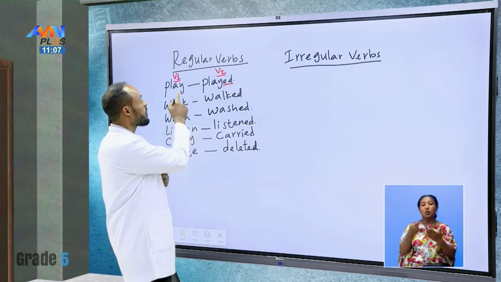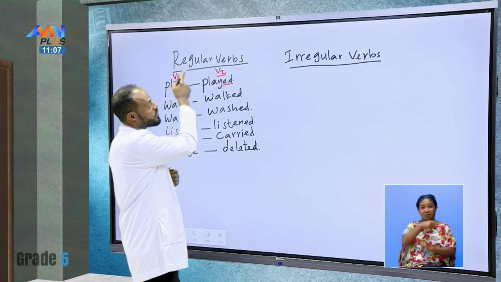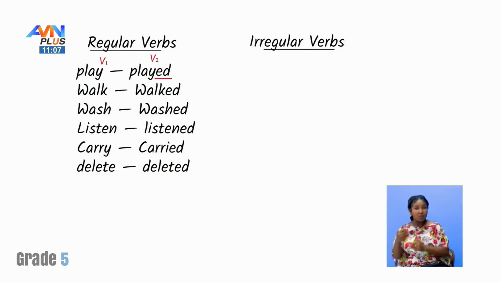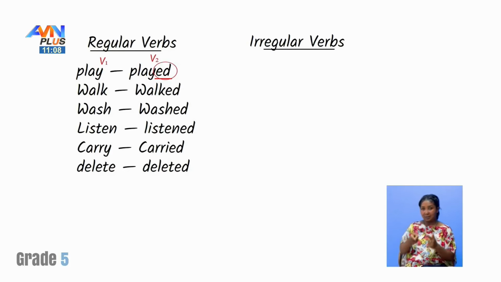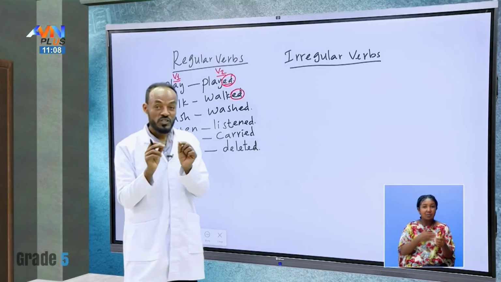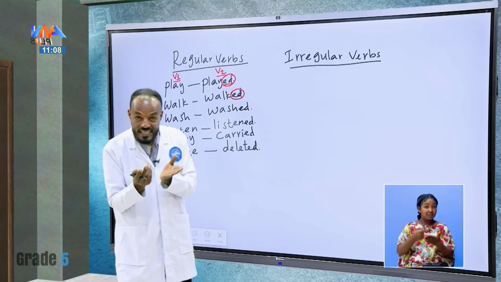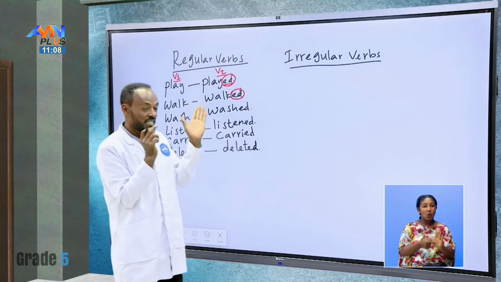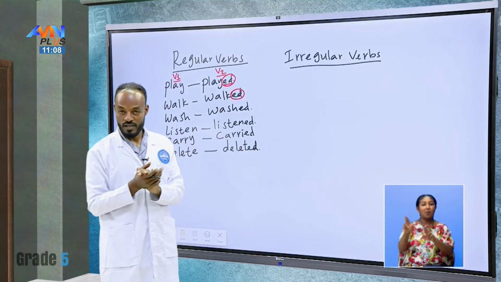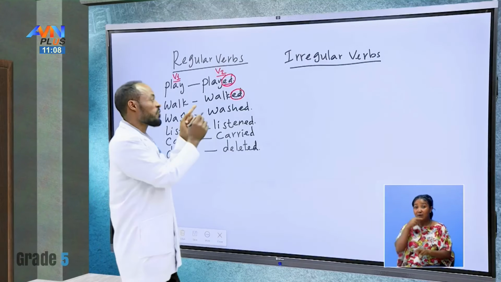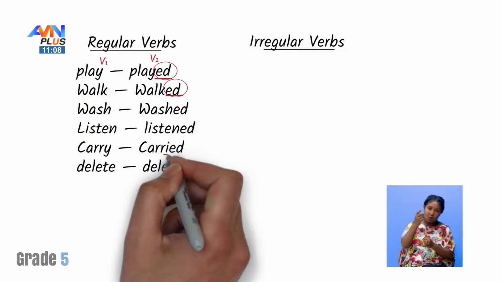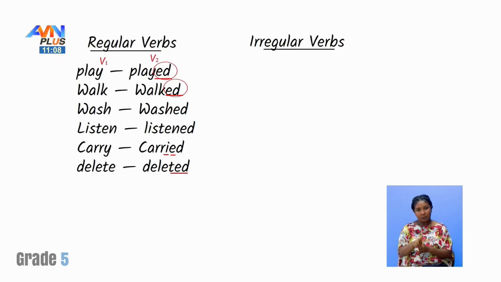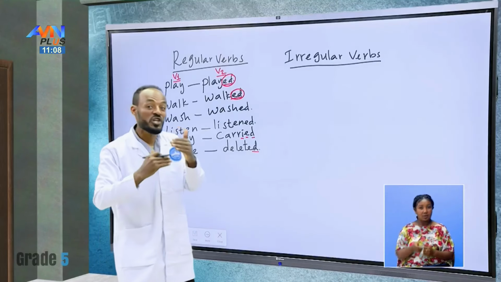So here, when we change this one from verb 1 to verb 2, we simply add ed. Look, this also, walk, walked. We simply add what? Ed, okay? This shows that it is a regular verb. A regular verb means the verb which takes ed, d, or ied when we change it into verb 2.